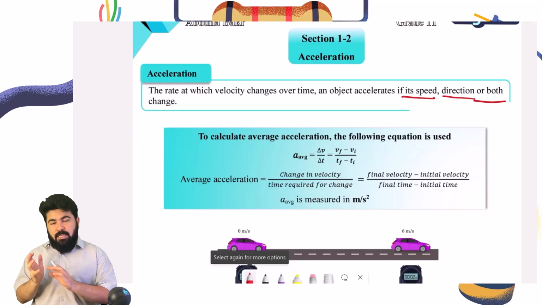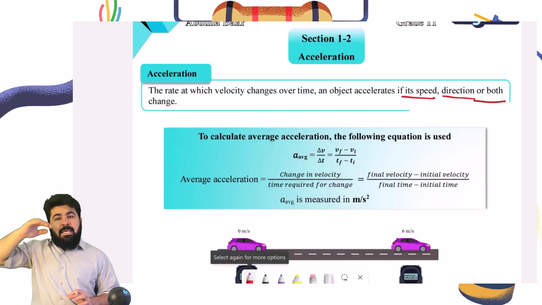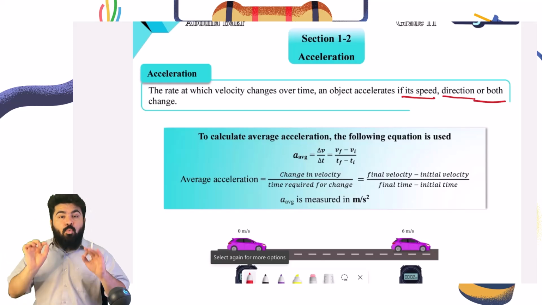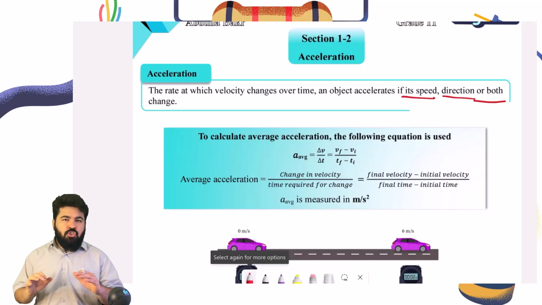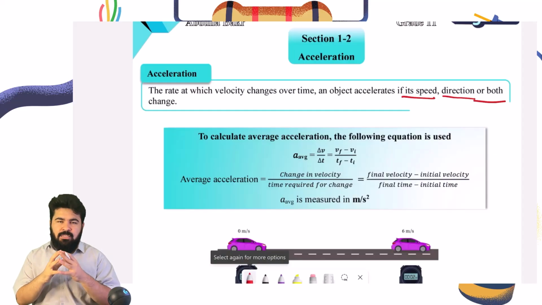It doesn't matter if the speed is going up or going down; acceleration still happens. What if you go at 50 kilometers per hour and you don't change your speed, let's say for 30 minutes? It means there is no acceleration, careful. Acceleration happens only when velocity or direction changes.